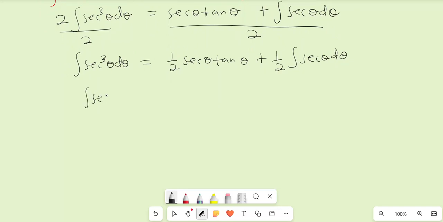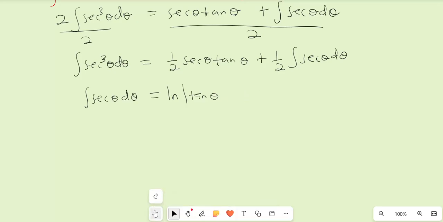However, the integral of secant theta d theta is just the natural logarithm of the absolute value of secant theta plus tangent theta. This is the integral of secant theta.